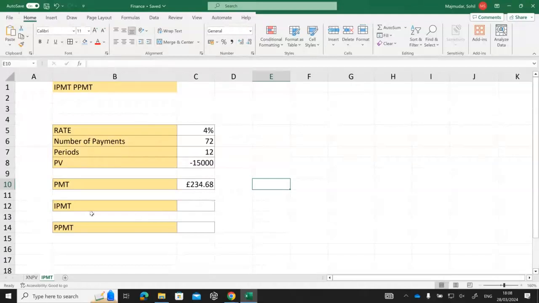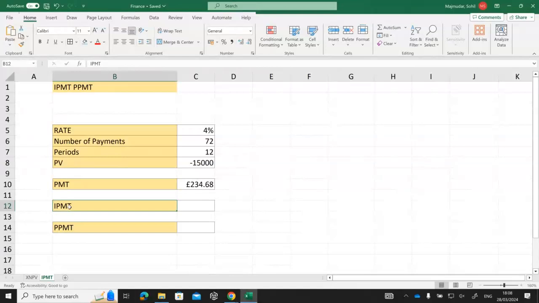So what IPMT does is it will tell you the interest amount in a particular month. And what PPMT does is it'll tell you the principal in a particular month.